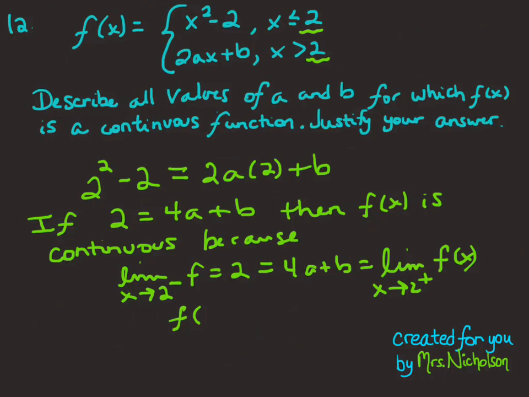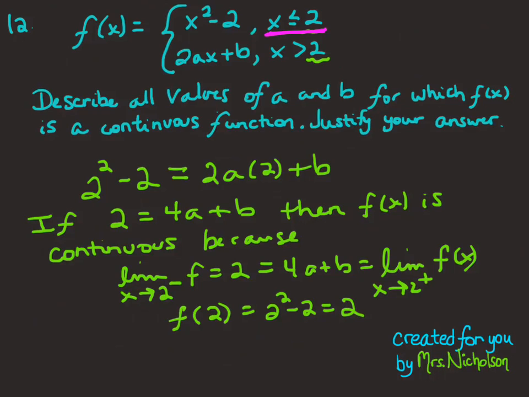In this scenario, if I'm trying to find the value of the function at 2, I need to look where x is equal to 2. That happens here on this piece because that includes the equal to. And so f of 2 would be equal to 2 squared minus 2, or 2.